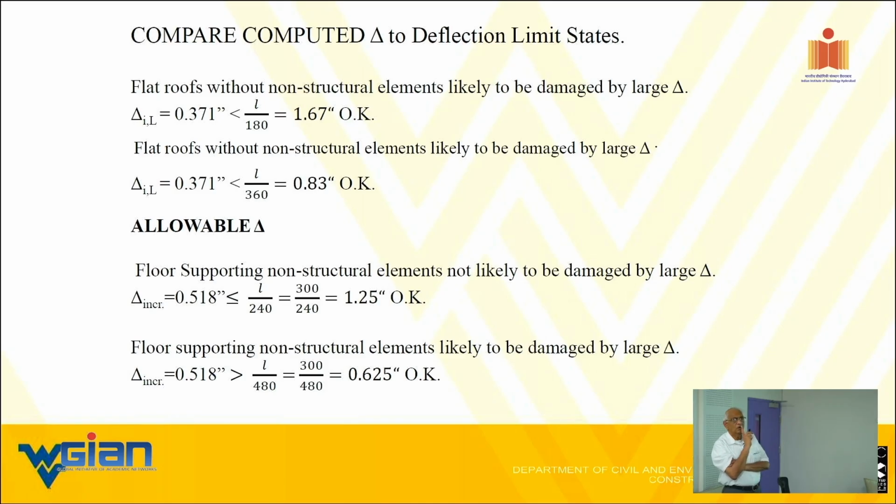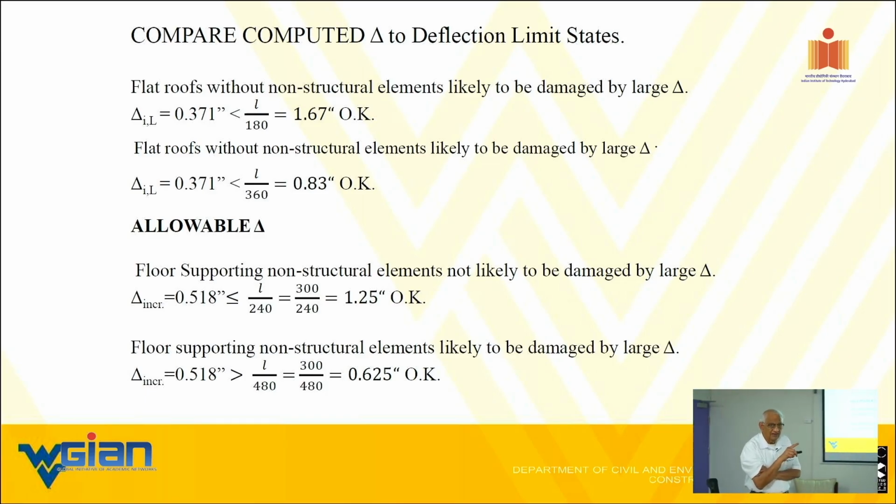I don't know how many of you design the floor systems for deflection limit states here in the country? We not only do this, we also have another limit state in terms of frequency. The first fundamental frequency should be below 3 hertz, for example.